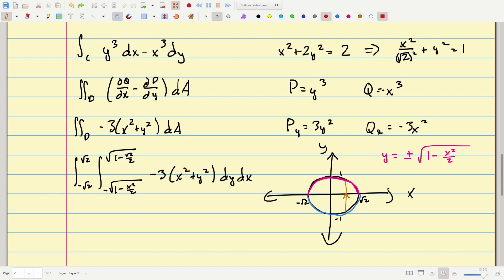If I decide that I want to set x equal to the square root of 2 times u and y equal to v, then maybe we can make this work. If I set x equal to the square root of 2u, then I get the square root of 2u quantity squared here, and here I get v quantity squared, and that's still going to equal 1 because I haven't changed anything on the right hand side.